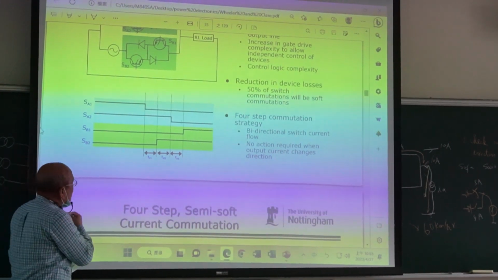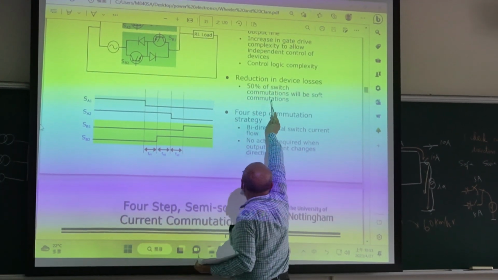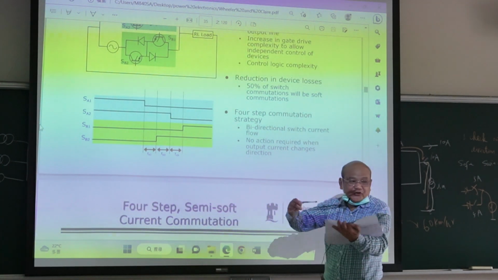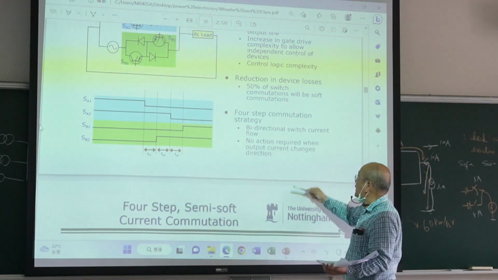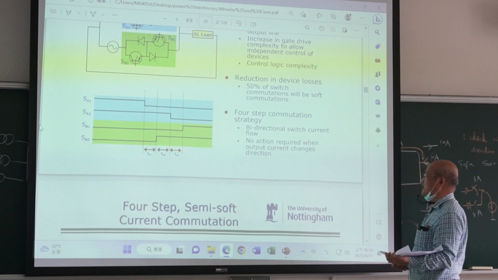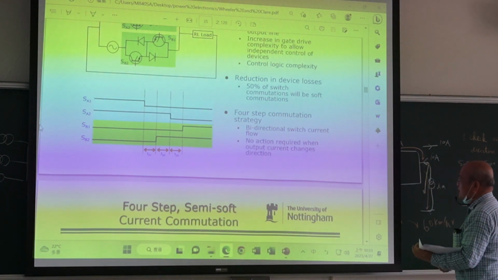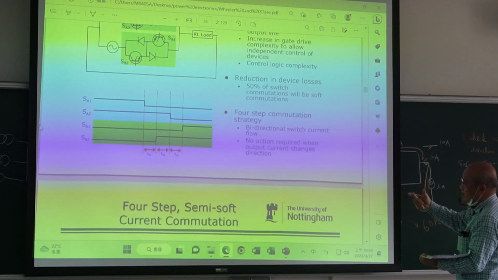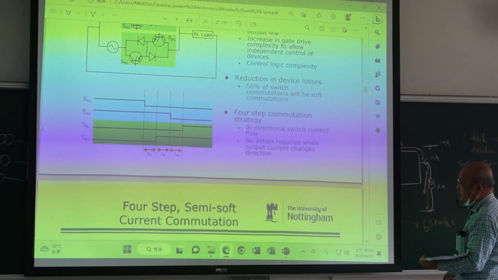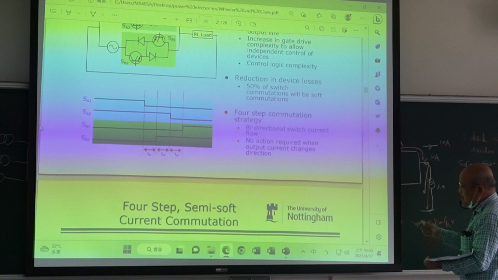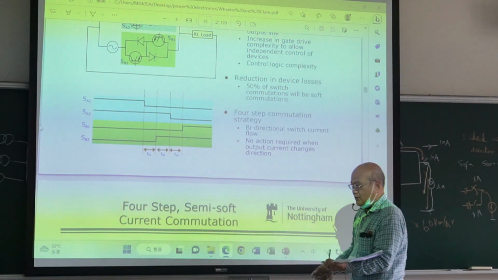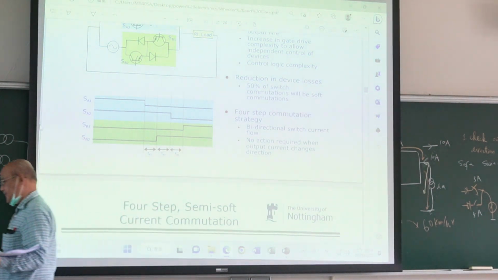We call this 50% during the commutation. They share half, and then they finish in 4 steps. So then we can make the spike smaller. We call this 4-step semi-soft current commutation. Okay, so this is the idea.